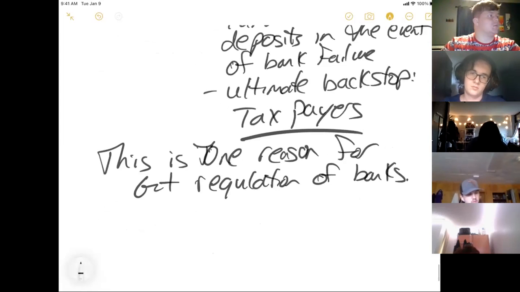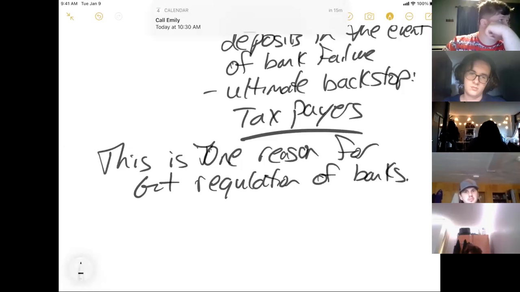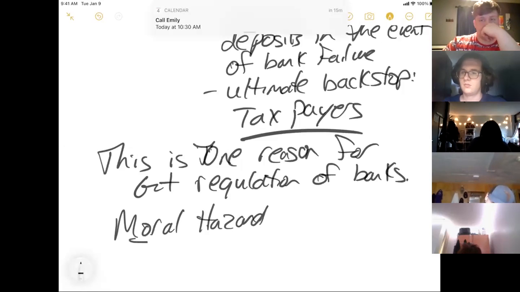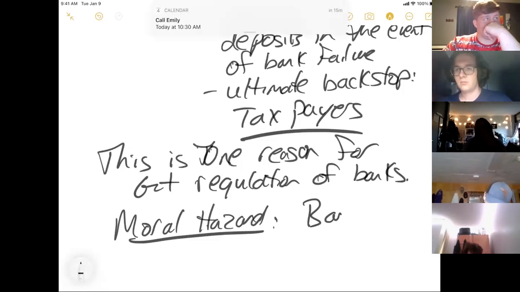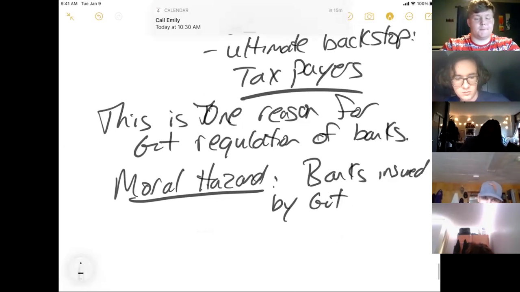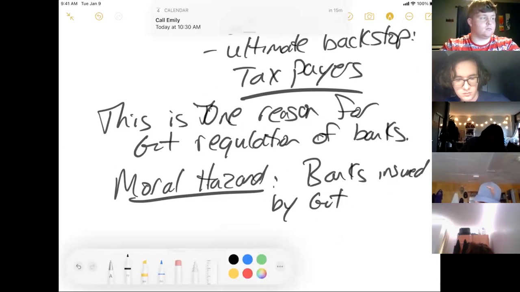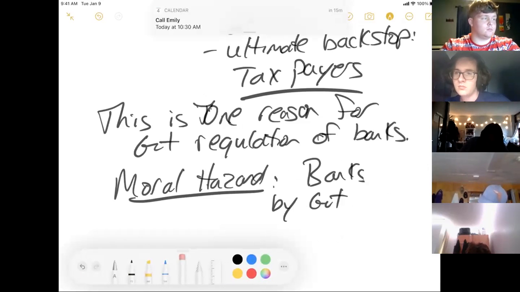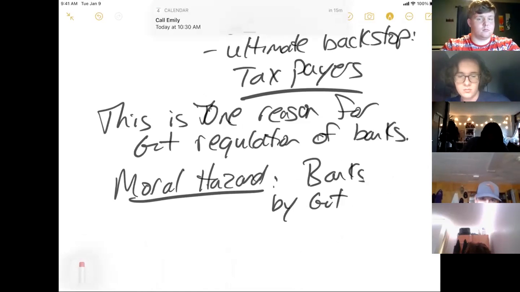This is one of the reasons why banks are so closely regulated, is that there's a problem of moral hazard here. Banks are insured by the government.